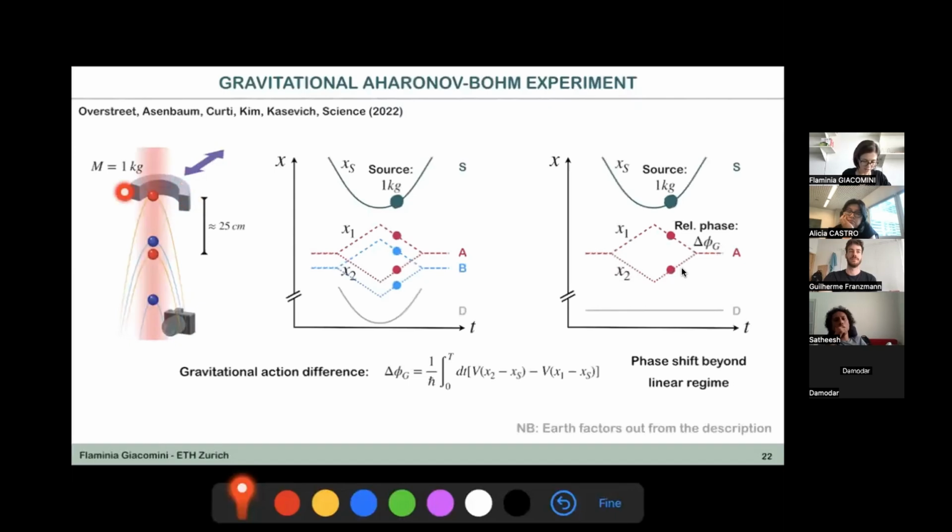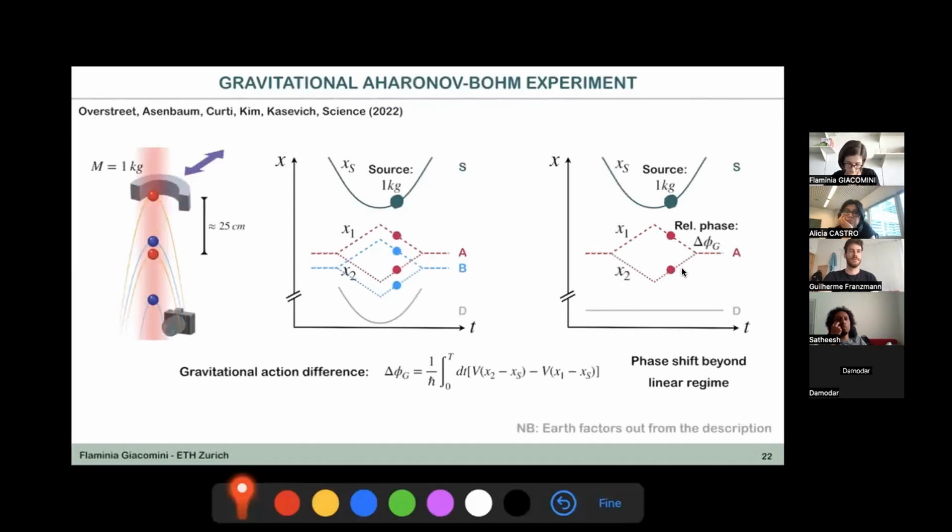This source is this half donut here. It's a tungsten mass, which weighs 1 kilo, and it's placed on top of the interferometer. The design of this experiment is extremely careful, so that at the highest point, this particle goes really, really close to this half donut, to the tungsten mass.